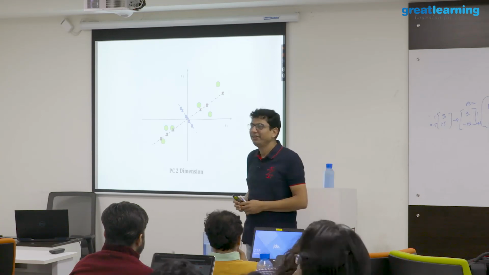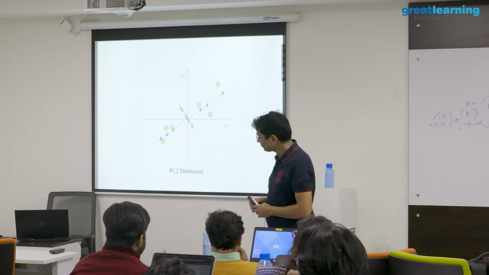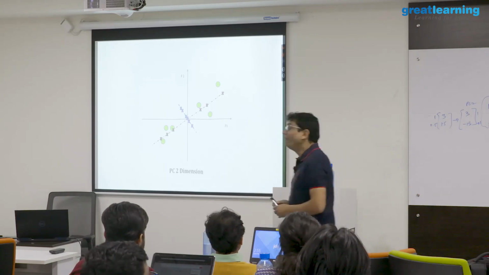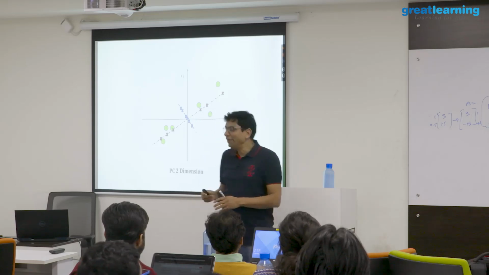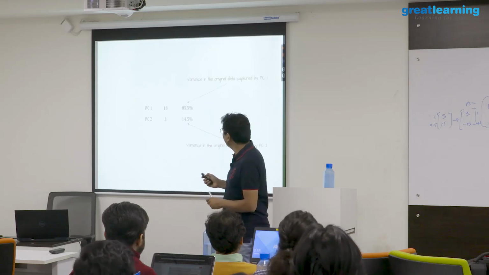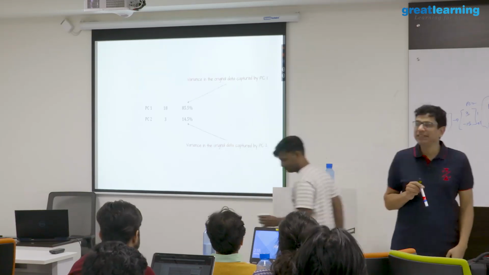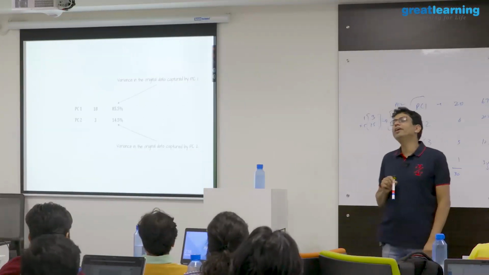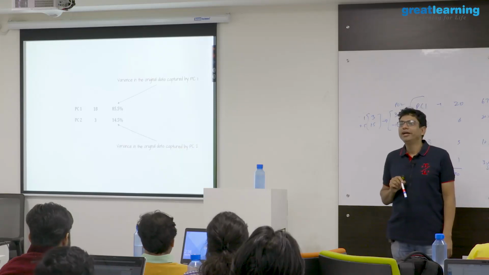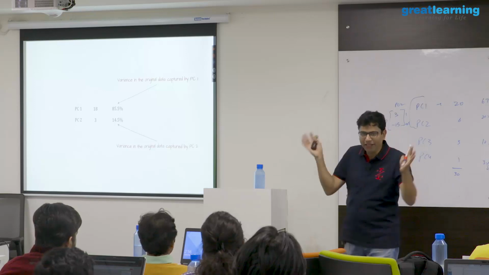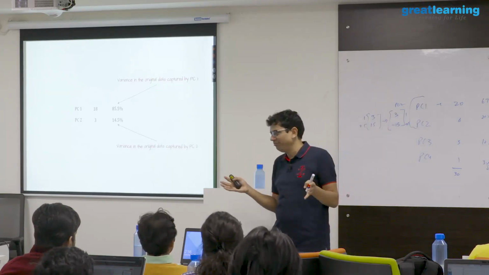What purpose is PC2 serving, because for PC1 we are already creating a new feature? Let's go back to this line. PC1 captures the maximum variance, but not 100% of it. It's not that you can always capture all the information with just one dimension.